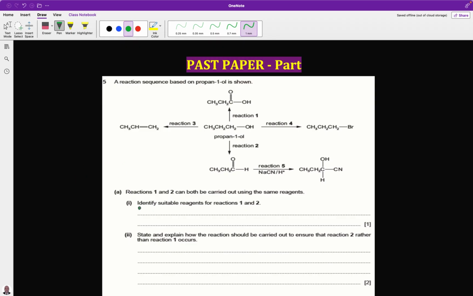You could either use excess acidified potassium dichromate 6 solution, which can be written as K2Cr2O7.